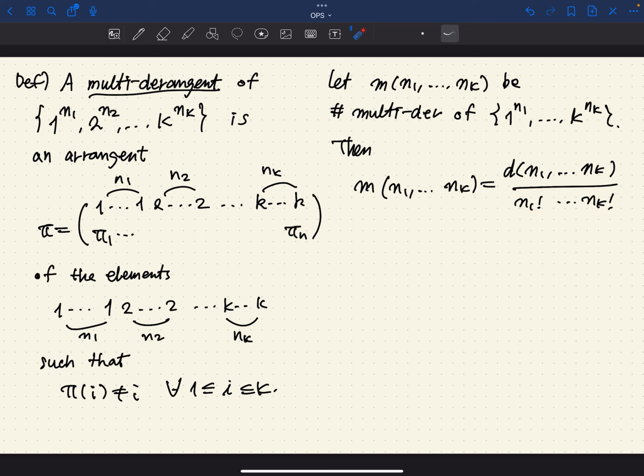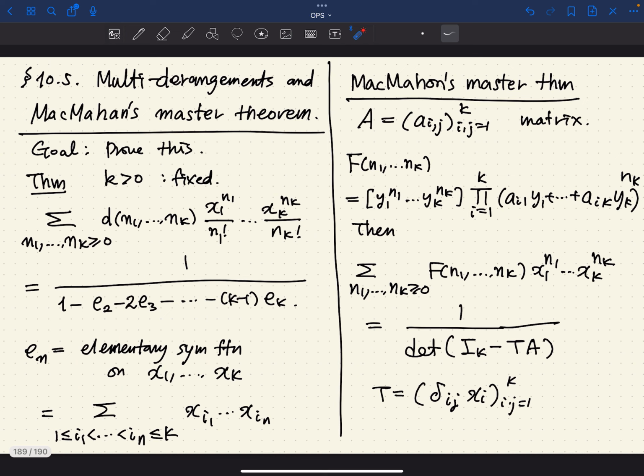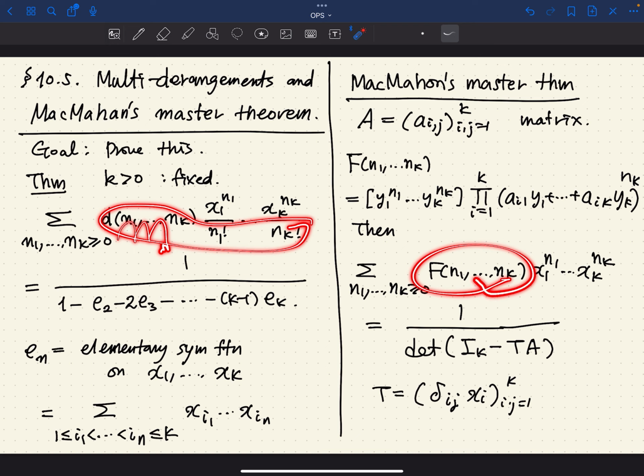This is exactly the idea that you compute the number of permutations with some repeated elements. So what we want is basically this part. We want to change this number into something in this form.